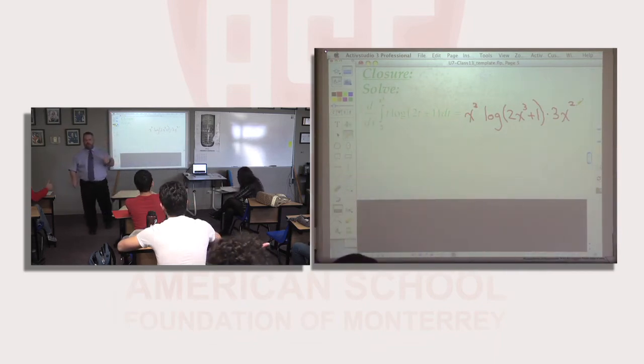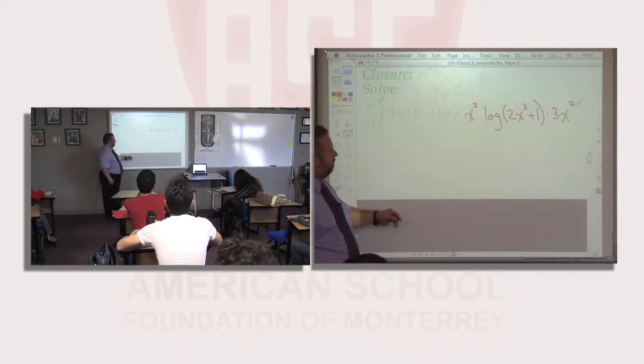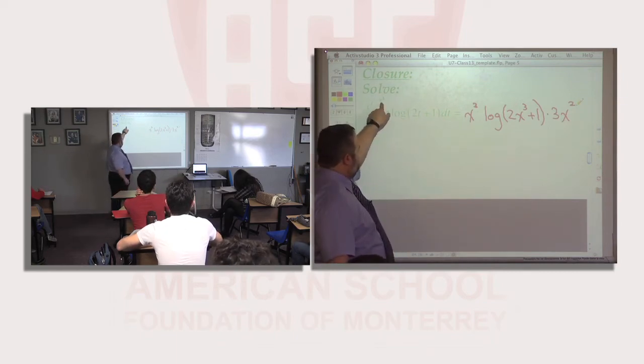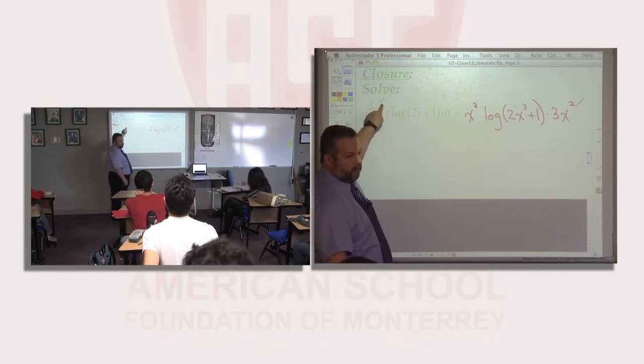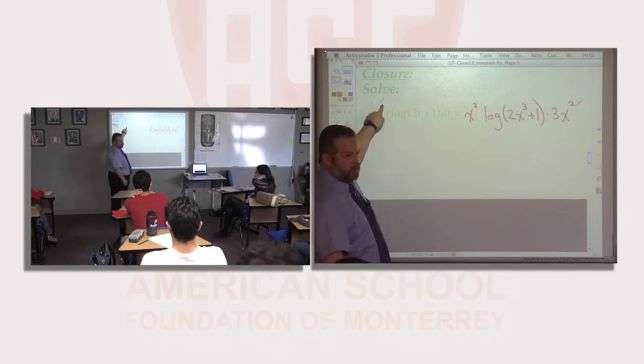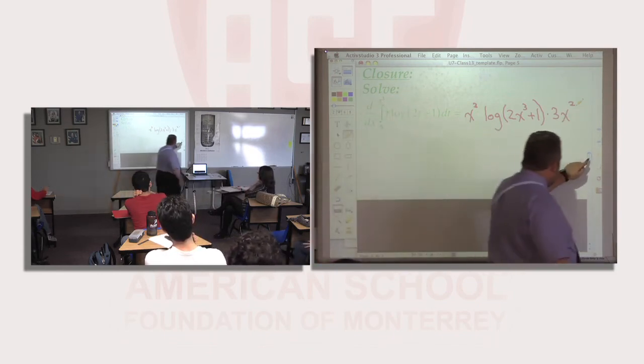Thumbs down if you didn't. Why don't I do the what? Because the rule says this goes in everywhere there's a t, and then I take the derivative of this. This is my box. Okay? Everybody good?